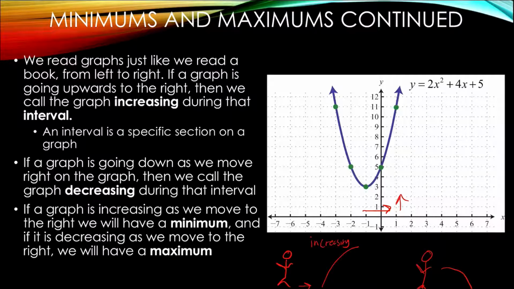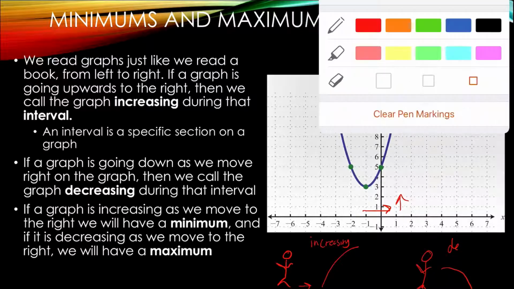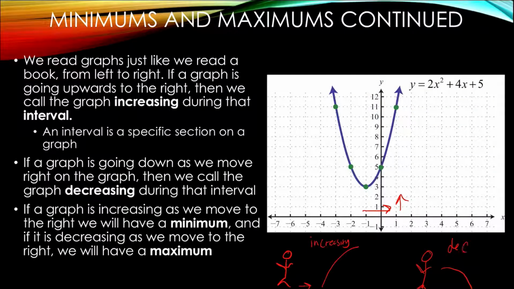If they're walking down the hill, we're going to say that's decreasing. So if a graph is increasing as we move to the right, we will have a minimum, and if it is decreasing as we move to the right, we will have a maximum.